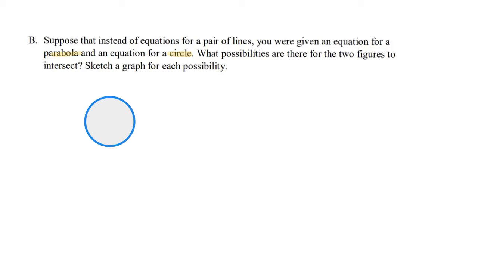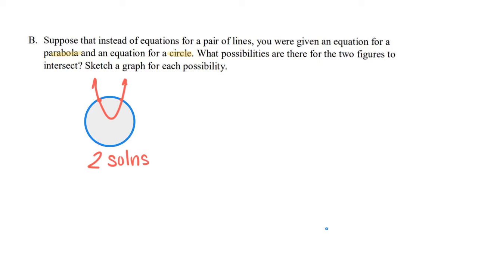My first thought was that I might be able to draw a parabola that would look like this. And a parabola that opens up, if that were my circle, this would intersect it two times, which would give me two solutions. Now, there are other ways I could draw that as well.